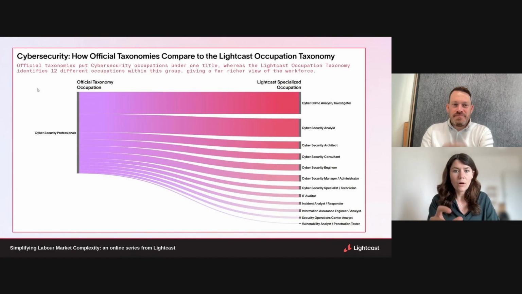And that's where not only our occupation taxonomy is important, but that's where the power is in using this in combination with our skills taxonomy.